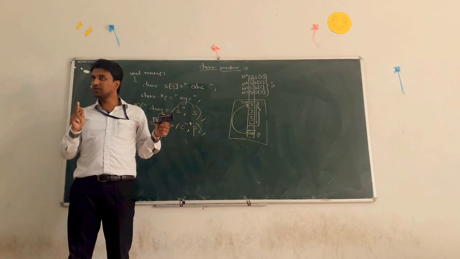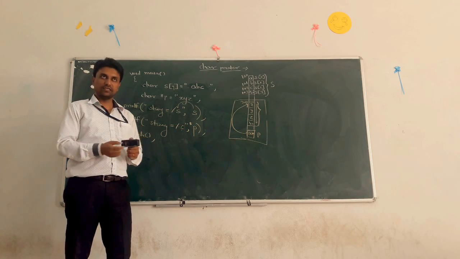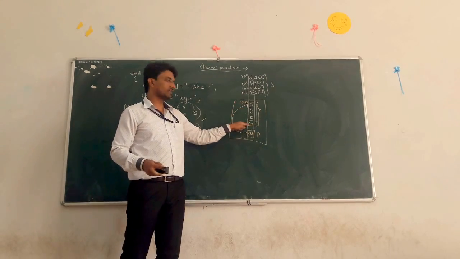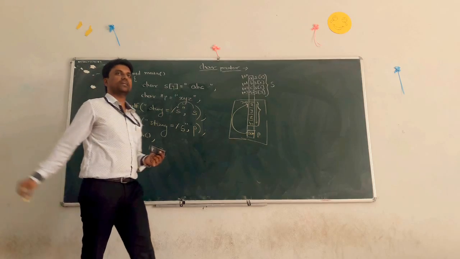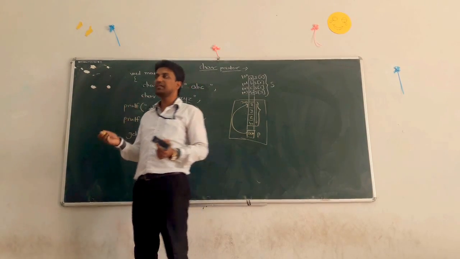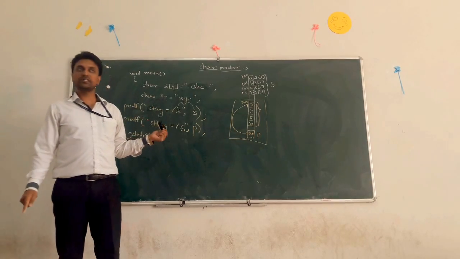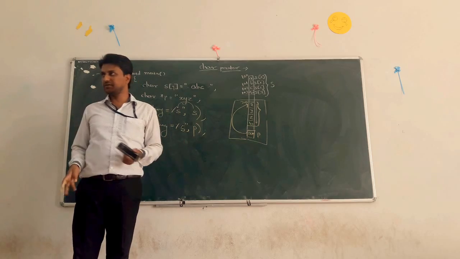For that purpose we write p. Understand the difference? If you write only p, it gives you the whole string, and for that purpose the formatting type is percentage s. And if you want to print only a single character at that address location, then use percentage c and *p, and you can increment it.